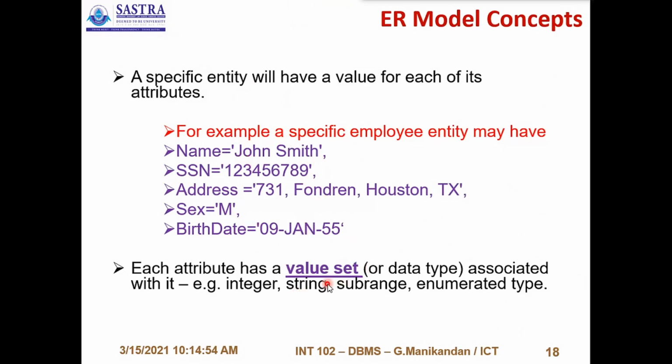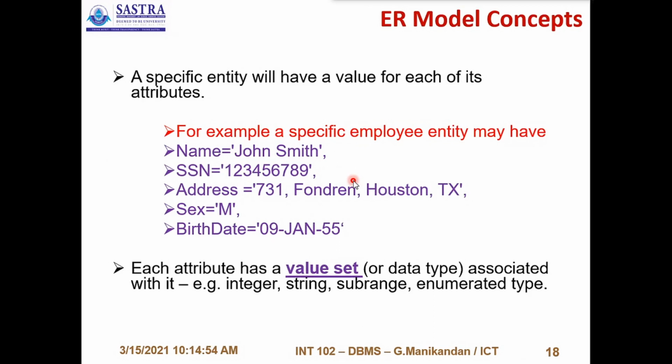Each and every attribute is associated with a value set. For example, what is the value set associated with name? It is nothing but a string. What is the value set associated with SSN? It is an integer.